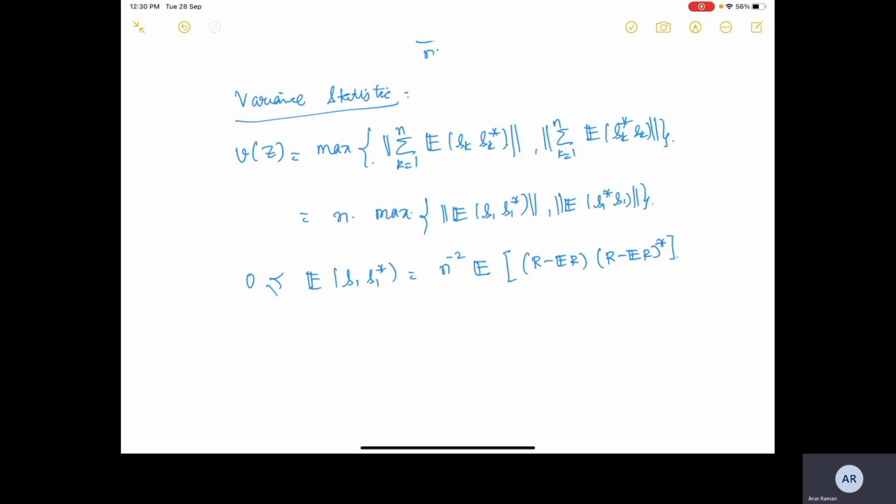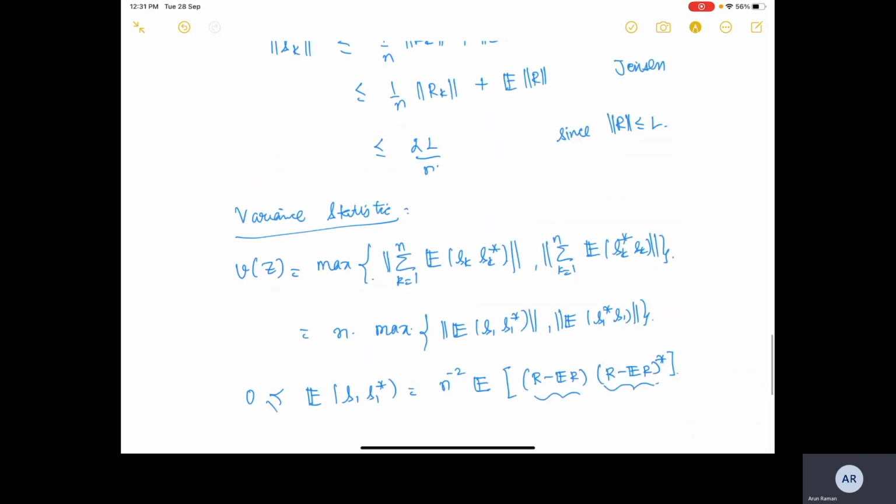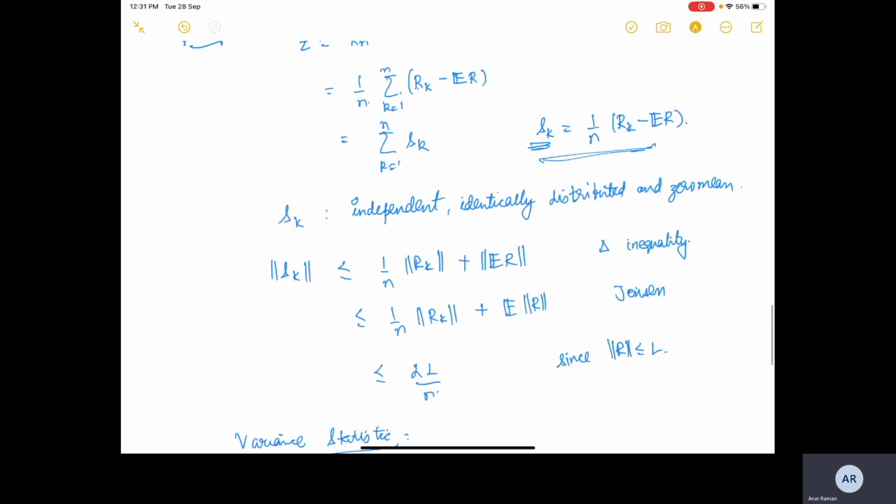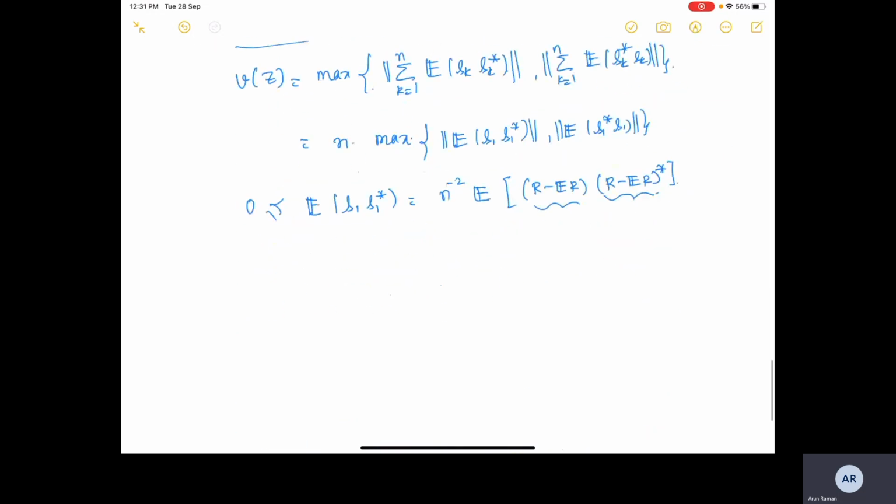We can replace R1 by R. Since we have 1 by n for this and 1 by n for this, if you remember, we defined Sk as 1 by n, so we get n raised to the power minus 2 here. This is almost similar to the expression for variance that we have, but rather than having x square, we will have R times the expected value of R multiplied by the expected value of R conjugate transpose. Now notice that this is positive semi-definite.